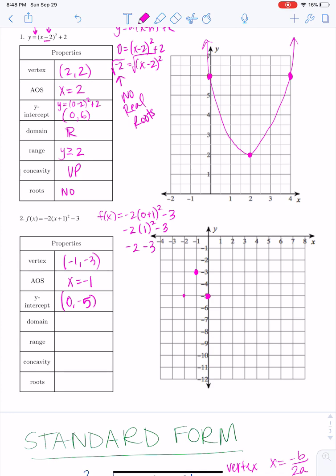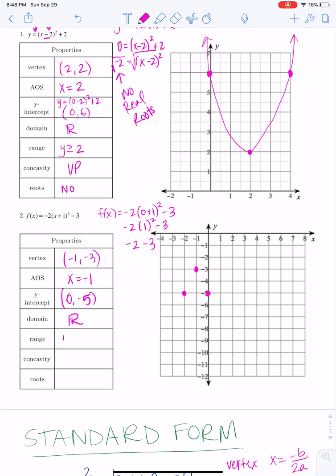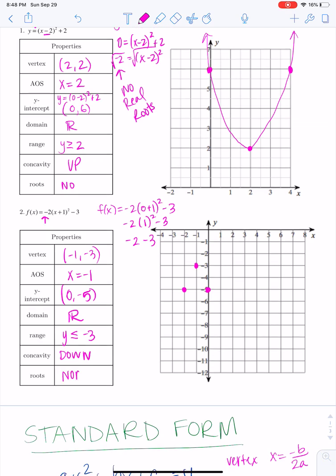I can use symmetry and plot this other point right here. This is a parabola, so my domain is all real numbers, and I'll use the y-coordinate of my vertex to figure out my range: y values that are less than or equal to -3. I'm concave down because my a value here is negative, and I again have no roots.